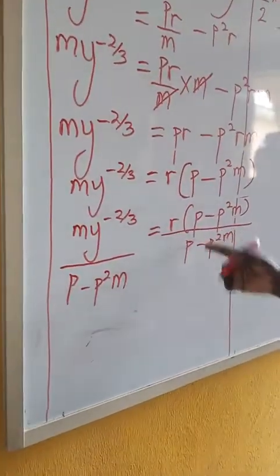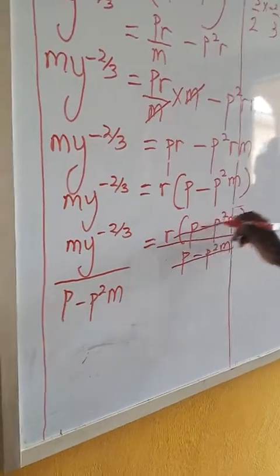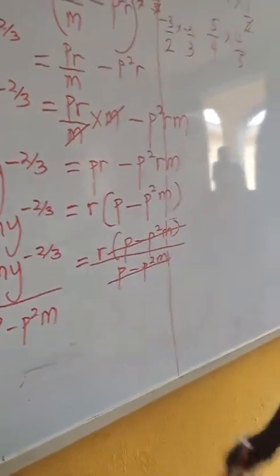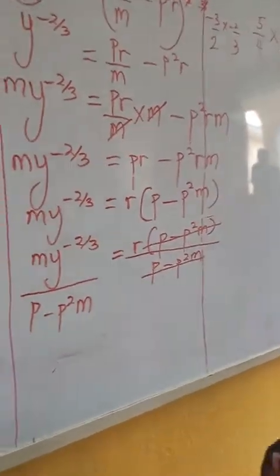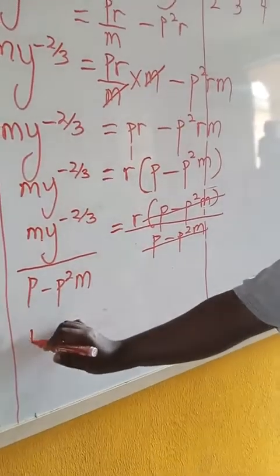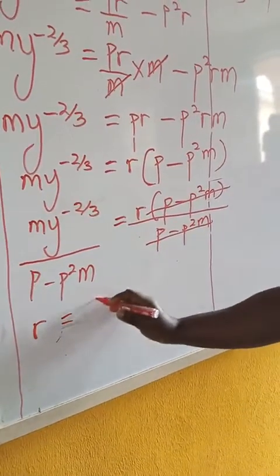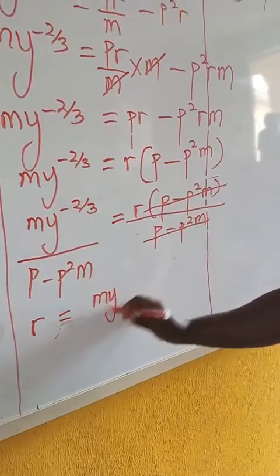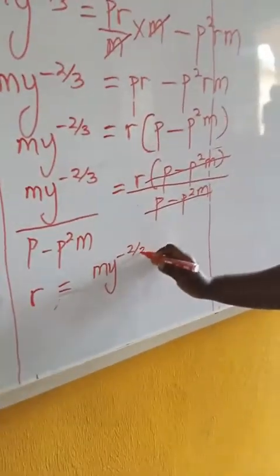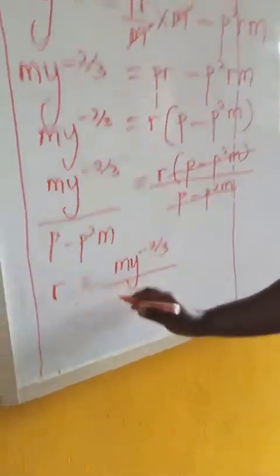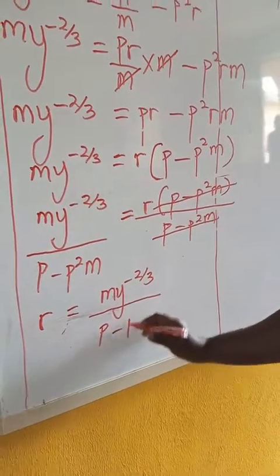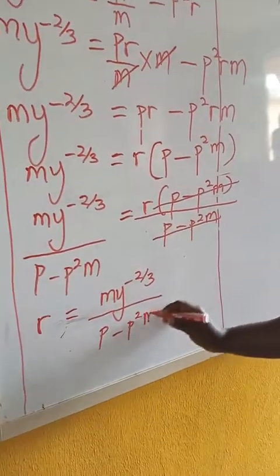So from here, p minus p square m can cancel each other. So we are left with only r. Therefore, r is equal to m y raised to power minus 2 over 3 all over p minus p square m.